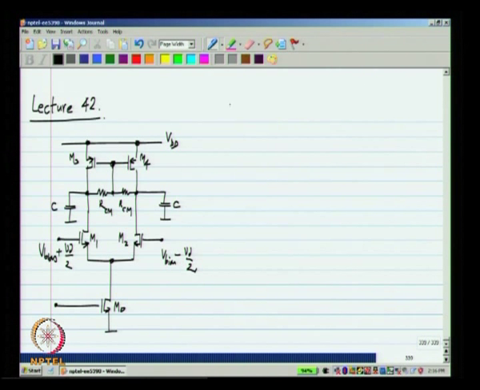Now the differential equivalent circuit is very simple.